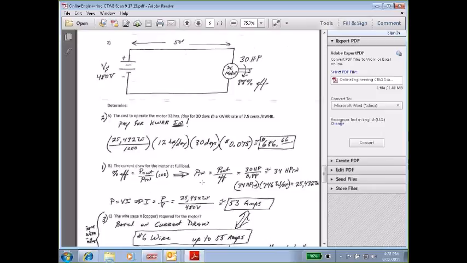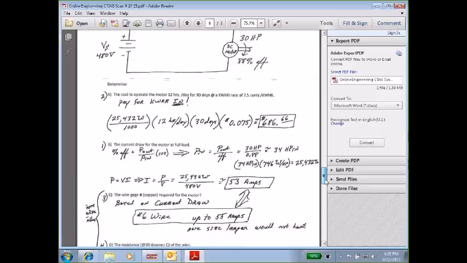Electrically speaking, you have to put more energy in than what you're going to get out because none of them are 100% efficient. So that 30 horsepower is your output horsepower. It's one of the concepts we're stressing with this problem.